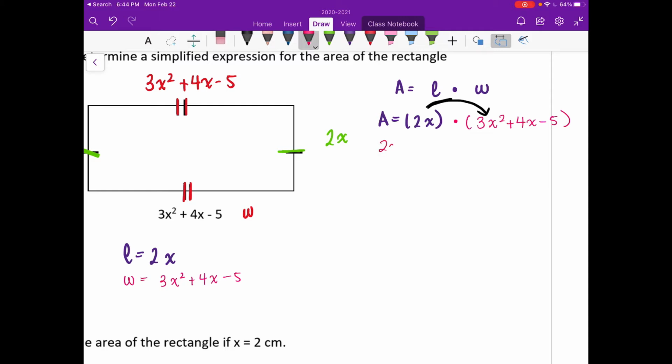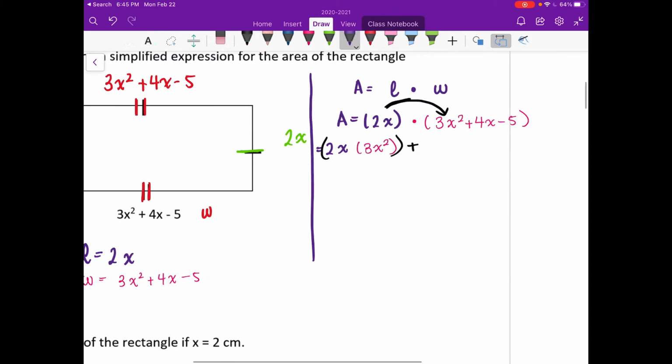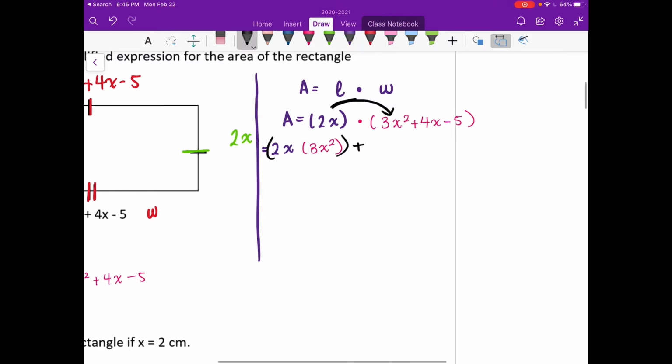So we did 2x, and I'll put it in purple for us here. So I did 2x, I'm just going to write an equal sign, good form. 2x times 3x squared, right? Plus sign over there, so I'll put the plus. And I'm always going to keep everything in brackets because that's just good form.